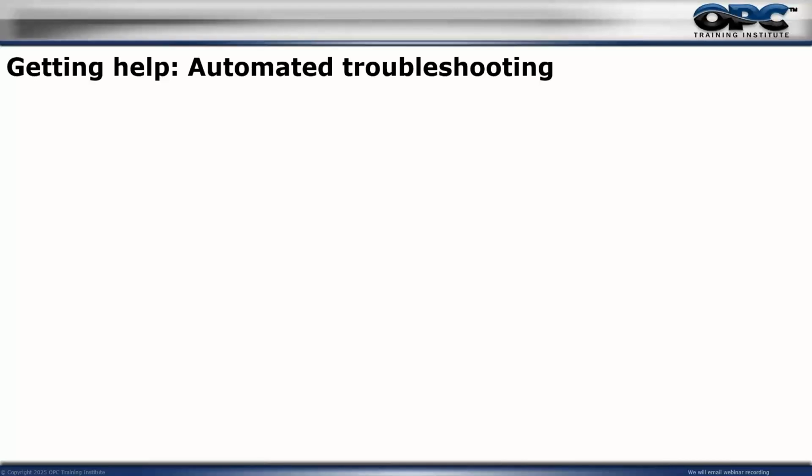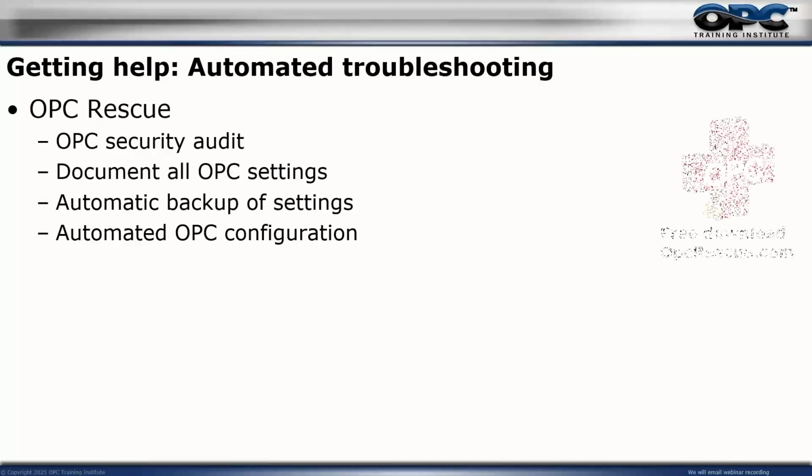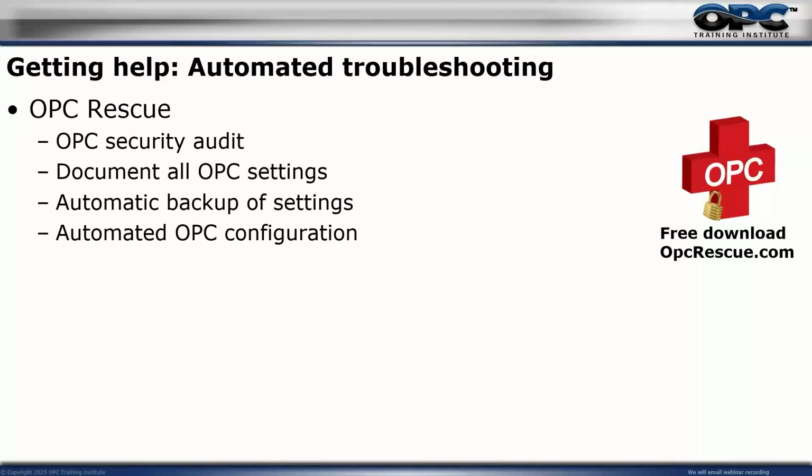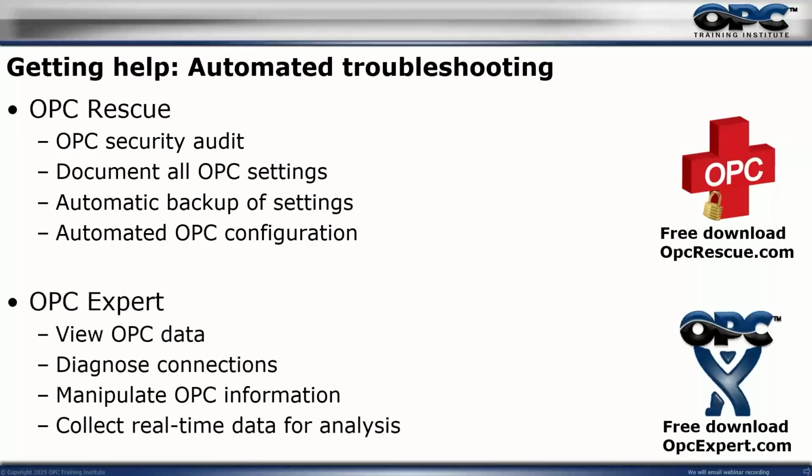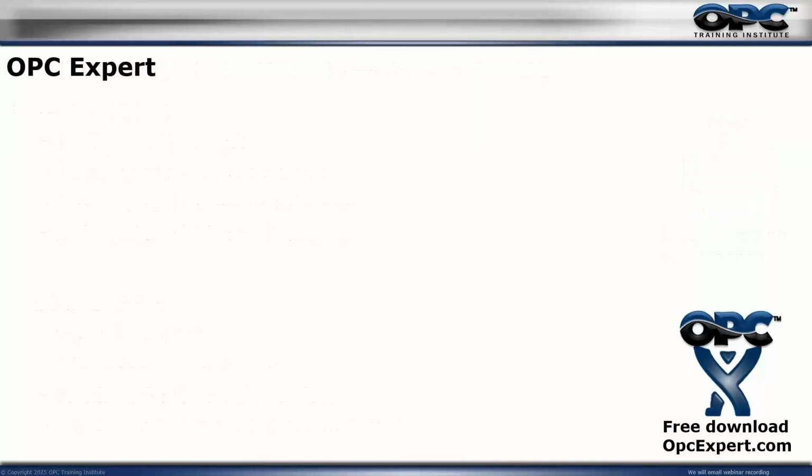So for automated troubleshooting, you can use OPC Rescue. You can just download it from opcrescue.com, or you can download OPC Expert from opcexpert.com. You can do everything that I've done here and what we do in other webinars as well.